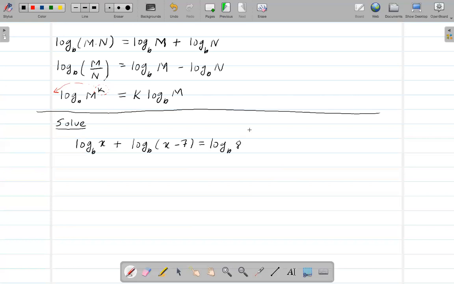All right, so in this case, we are trying to solve for x. We have a log here. On the left-hand side, we have two logs with a plus sign. If we have two logs with the plus sign, then I can combine this into a single log, but we have to multiply those two terms. So here we have to multiply x and x minus 7.